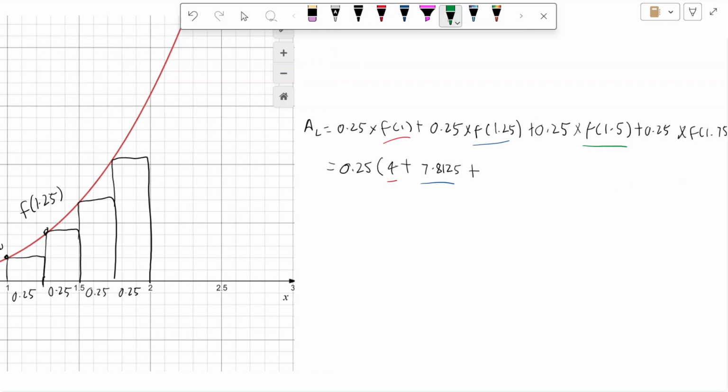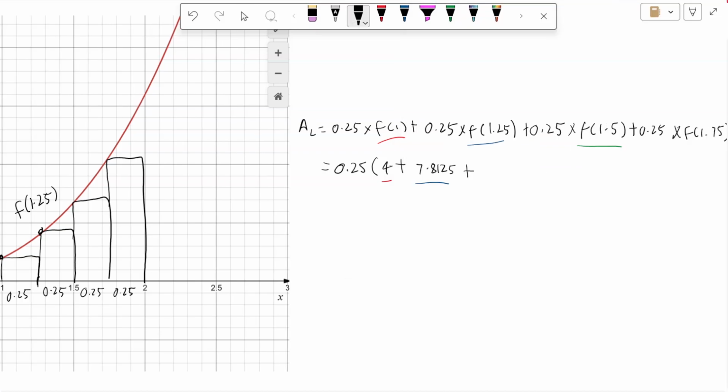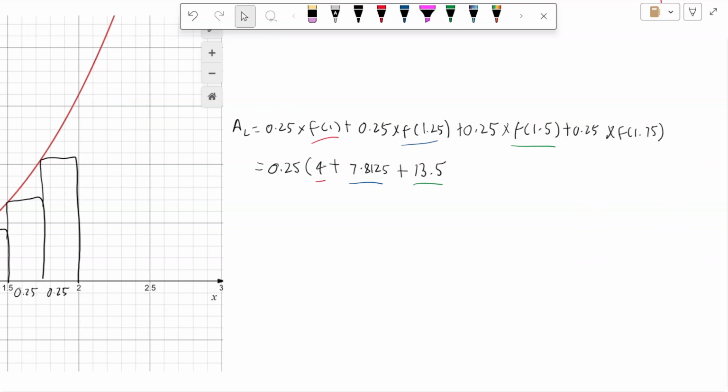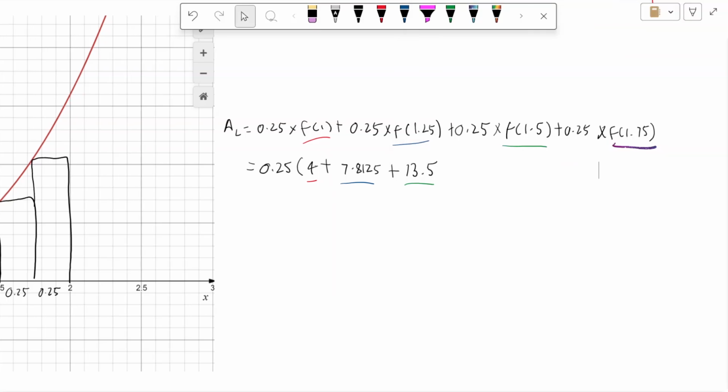Next value I need to work out is f of 1.5. 13.5 is what I get there. And the last value I need to work out is f at 1.75. So trace again, 1.75, 21.4375.